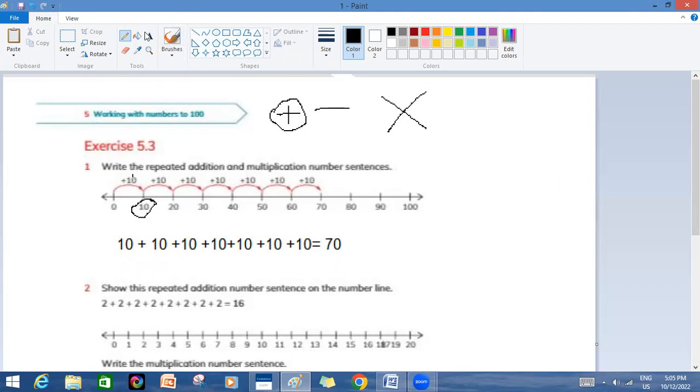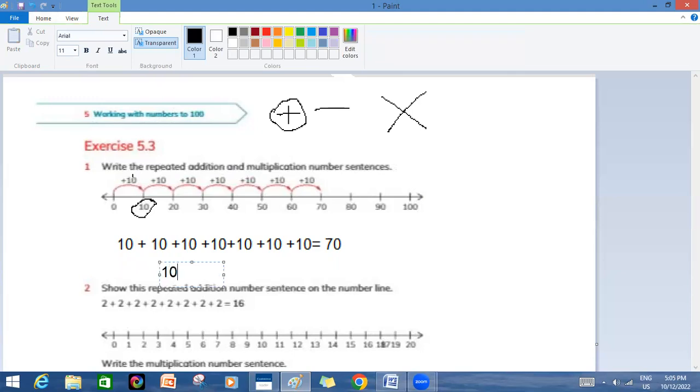So now I'm going to write with me, boys. We are going to say 10 times 7, this is multiplication, equals 70.